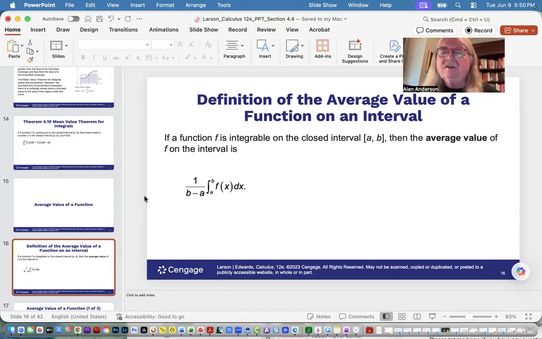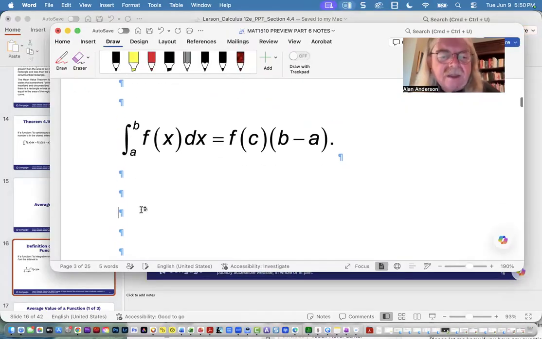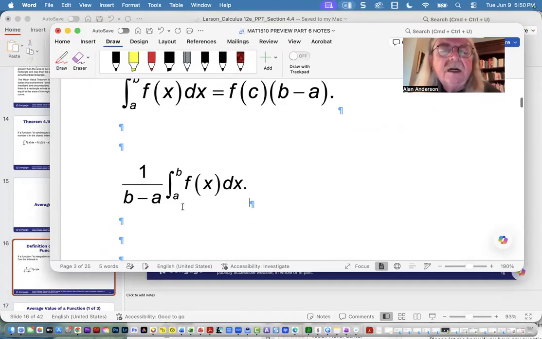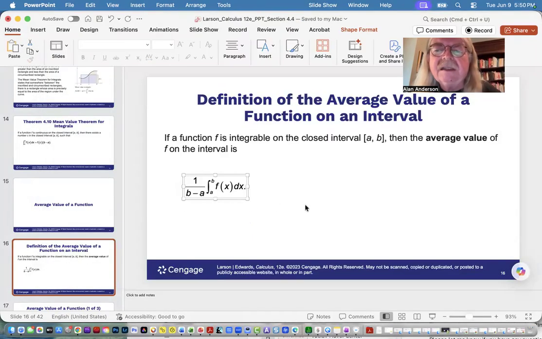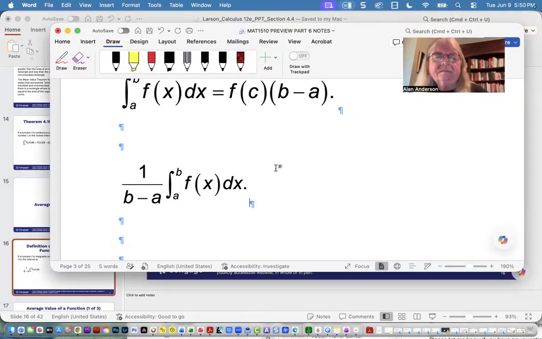Here, the assumption is that the function itself has an integral. If it does, then the average value can be calculated very simply as you take the actual total area and divide by the difference between the two endpoints. And that is going to be the average value.